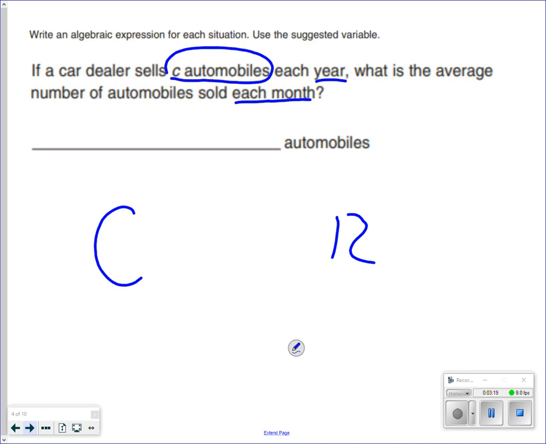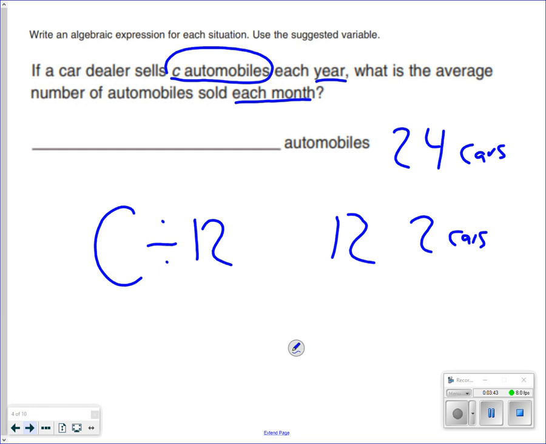What am I going to do with that 12? Well, let's say the company sold 24 cars that year. How many did they sell in a month? If they sold 24 cars in 1 year, and there are 12 months in a year, they would have sold 2 cars a month. How did we get that? We divided by 12. So is that what we do for this? C divided by 12?